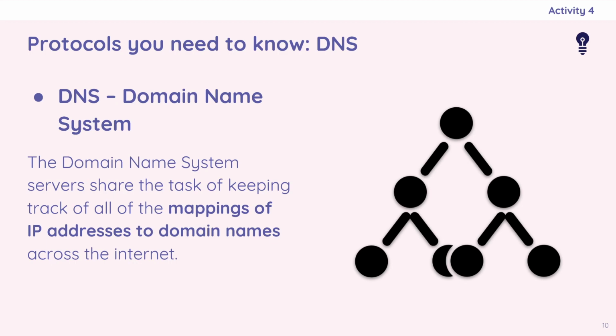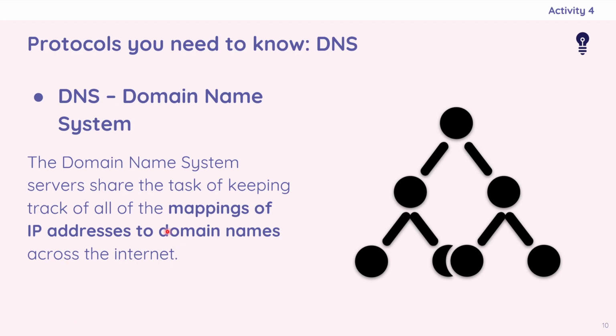The first one is DNS, domain name system, and this is where the domain name system shares the task of keeping track of all the mappings of the IP addresses to domain names. So, in essence, google.co.uk maps to an IP address of 192.168.0.1.